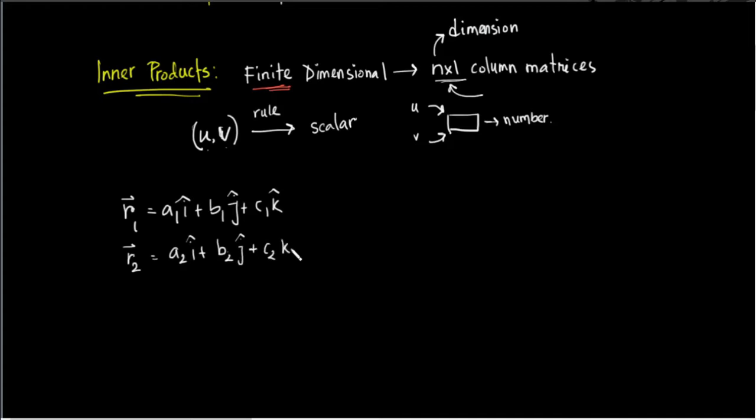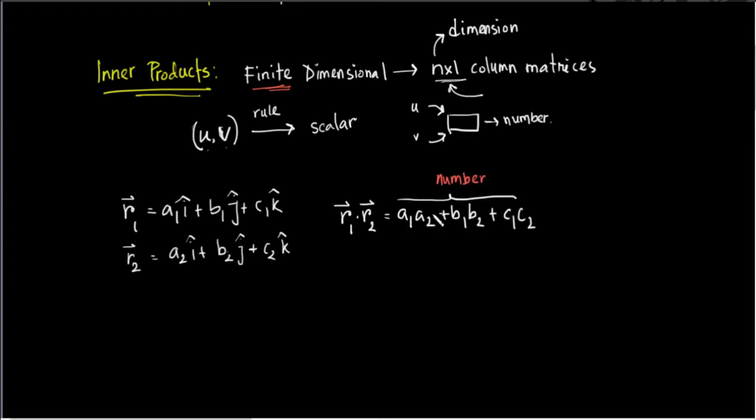If we form the dot product of these two vectors, the result will be a1 a2 plus b1 b2 plus c1 c2. You see that this is a number.